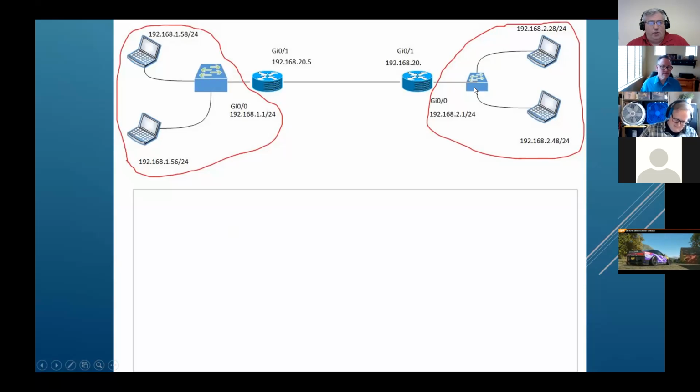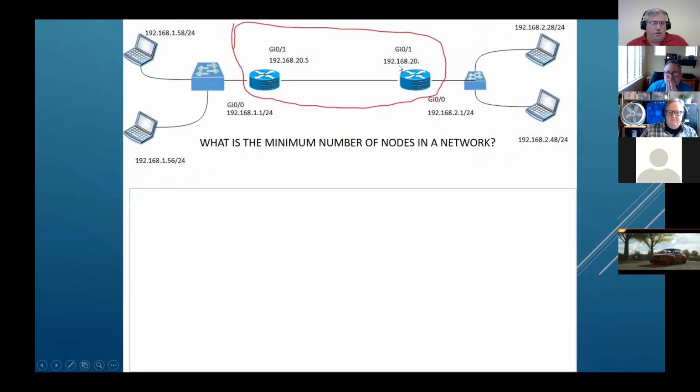It only passes along its own network. It only talks in MAC addresses. It doesn't pay attention to the IPs, and the IPs have to match on the network in order for them to communicate. So these two computers can talk to each other, and these two computers can talk to each other, but this computer cannot talk to this computer.